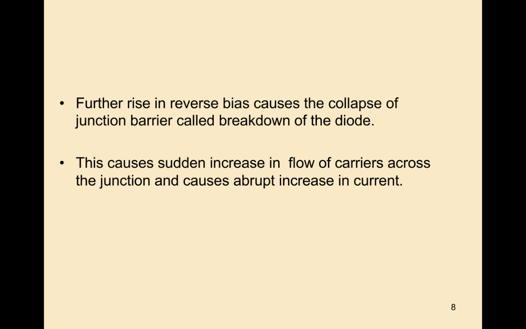So when we increase the reverse bias voltage, the junction barrier collapses and the diode is in the breakdown condition. Due to the collapse of the barrier potential, a large current flows in the diode.